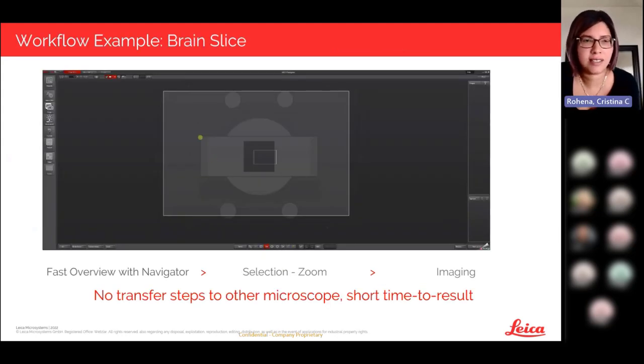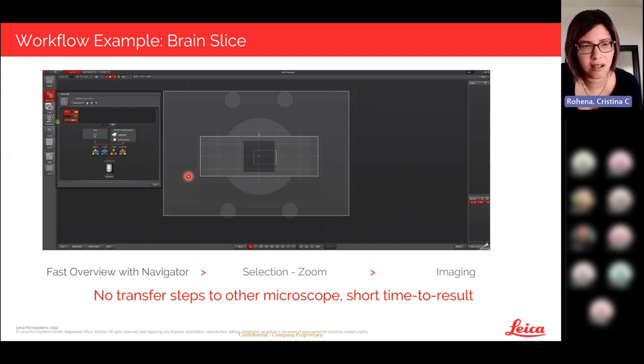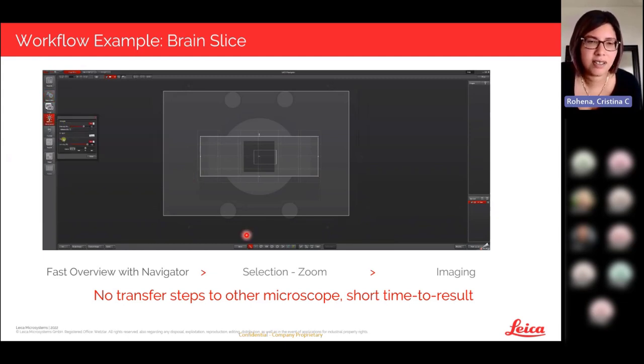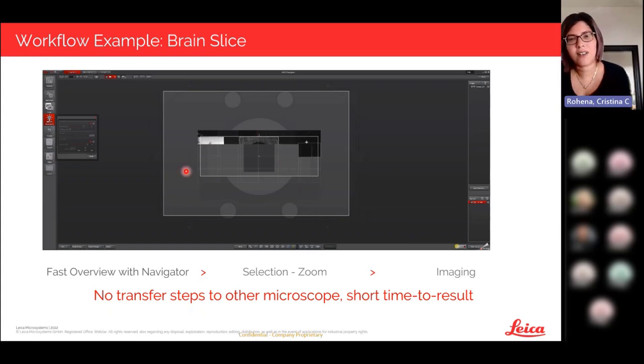I have a really neat example here of a workflow example of brain slice imaging on a model organism. And so you can see that initially we get a really fast overview of the sample itself using Navigator. So we're doing this in widefield to essentially find the area or the sample in our slide.